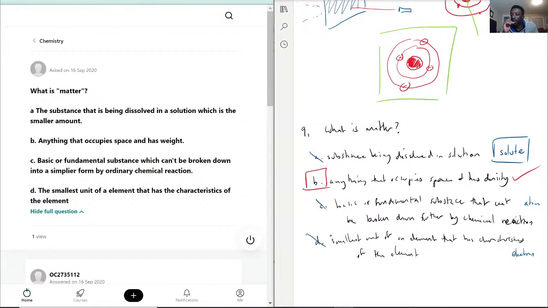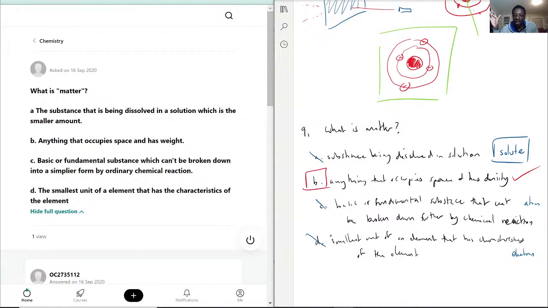Matter cannot be, if I remember correctly, created or destroyed. Matter is constant throughout the universe, unless we deal with the whole Big Bang theory, where matter is constantly expanding. But the point is that when we're dealing with a lot of the calculations, matter cannot be created or destroyed, it only changes to different forms.